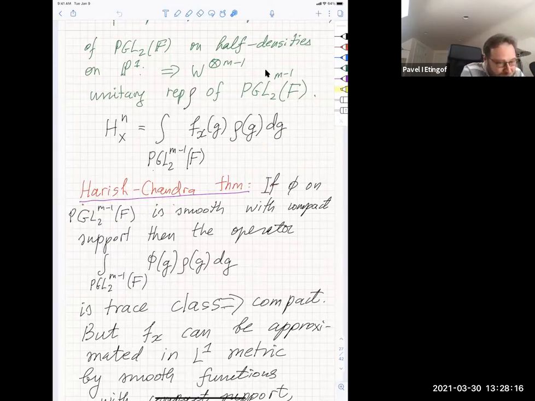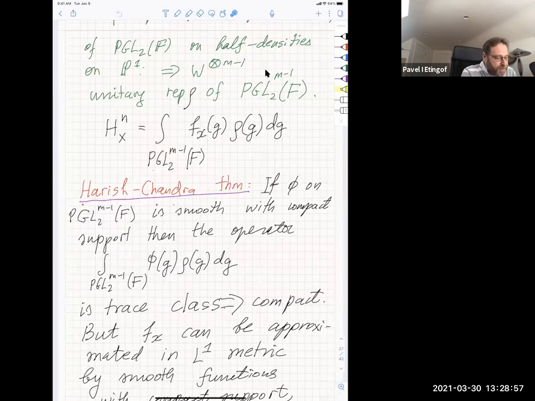In fact, a very baby case of this theorem, which is basically trivial. And it says that if you have a group like this, like a p-adic group, a group over a local field, and you have a smooth function with compact support on this group, which in the complex and real case means the usual thing, but in the p-adic case just means a locally constant function with compact support, and if you integrate the operator rho of g, the action operator, against this function, you get a trace class operator, in particular compact.